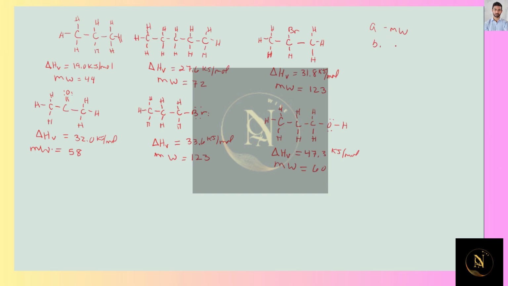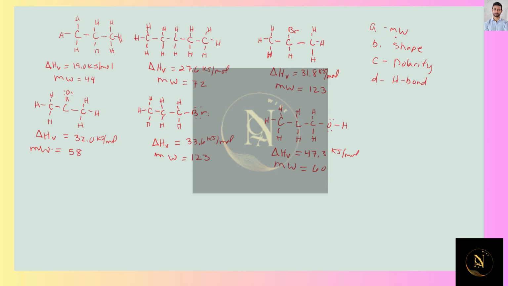Part B, we're looking at shape. In part C, we're looking at polarity. And in part D, we're looking at hydrogen bonding.